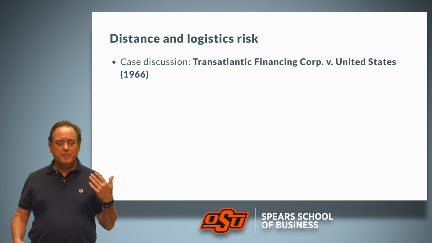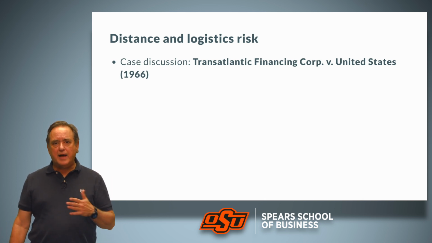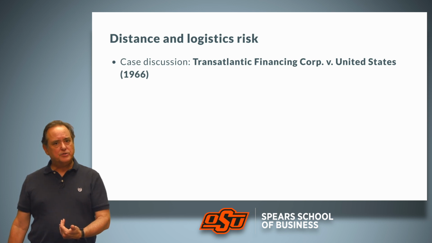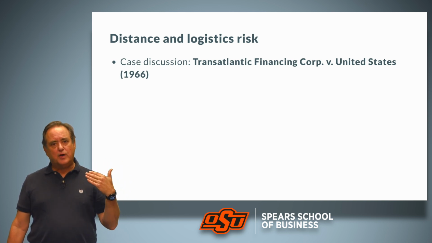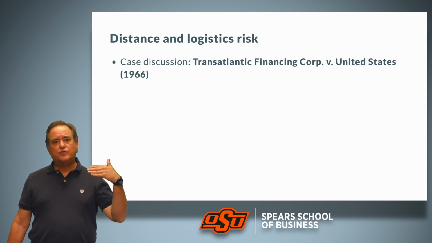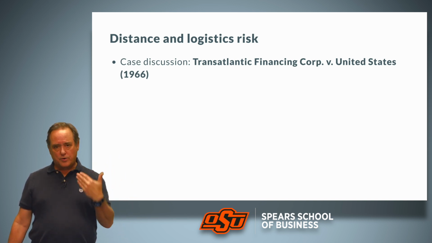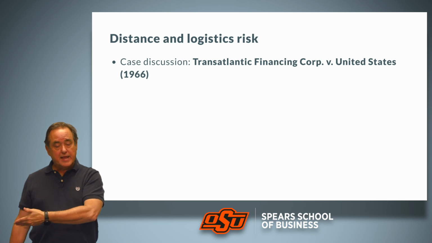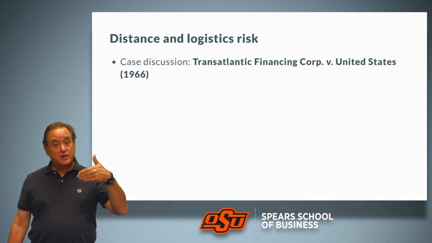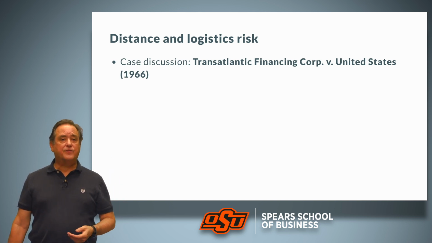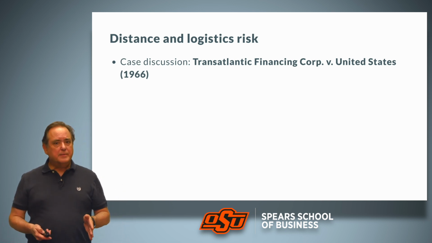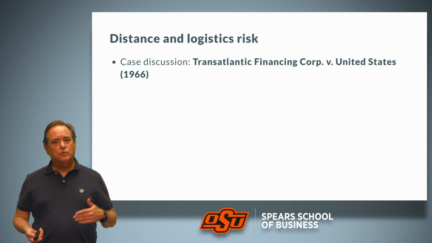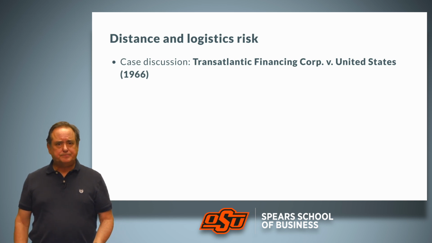It is a major route used by international shippers because otherwise, to get goods from the United States or Europe to the East, you would have to go all the way around Africa. And so it is quite common to use the Suez Canal, which is in Egypt.